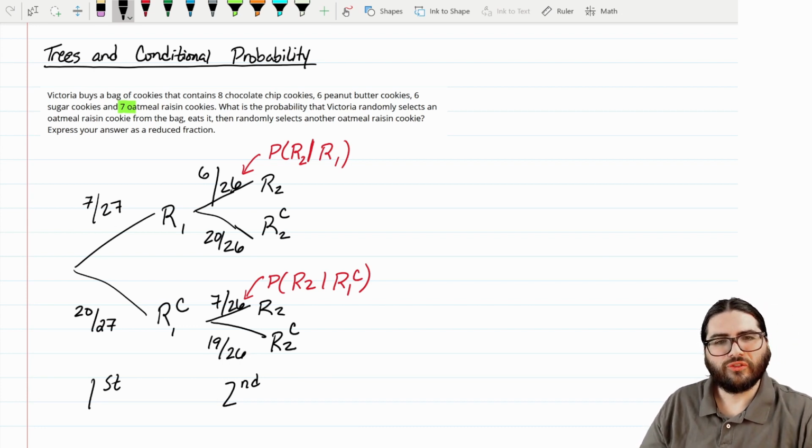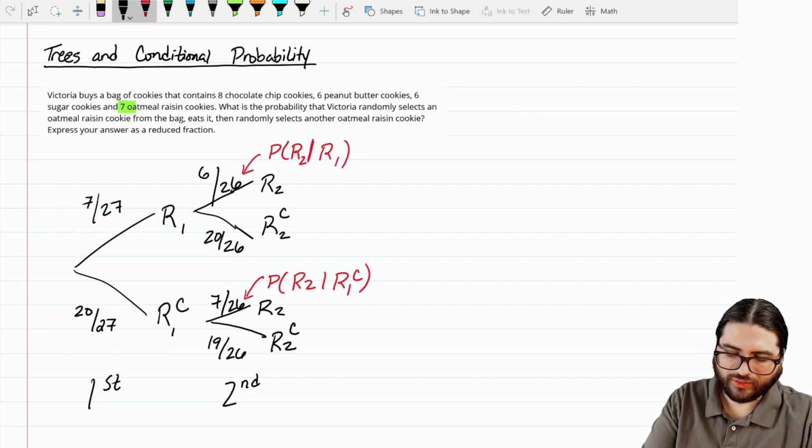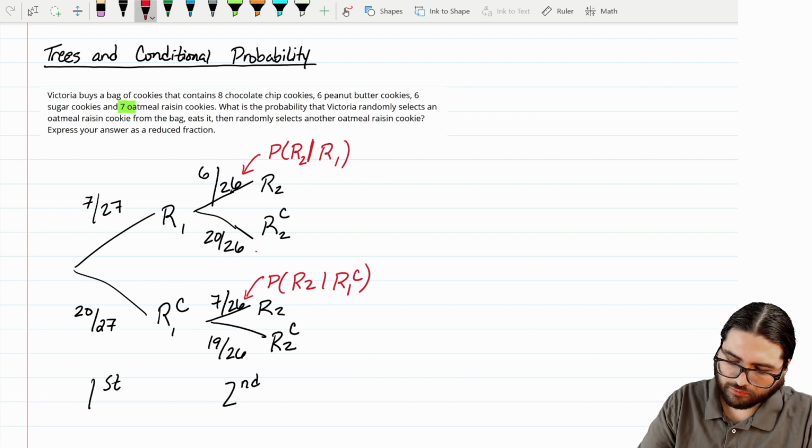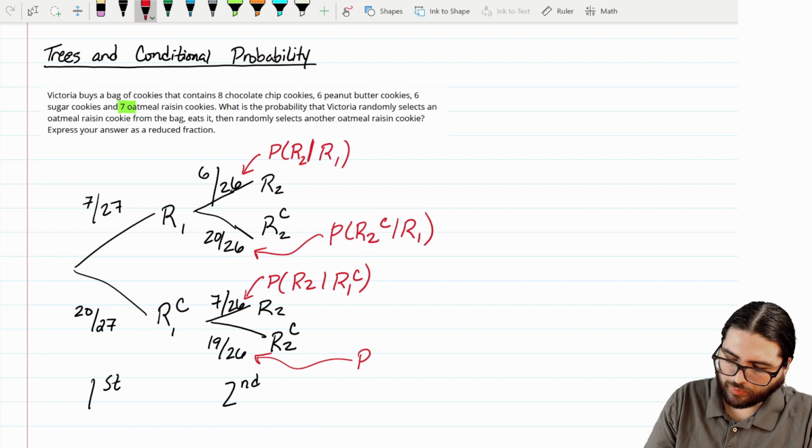Yeah, so the trees are full of conditional probabilities. I could even label these other probabilities. This one here is the probability of R2 complement given R1. This one is the probability of R2 complement given R1 complement.